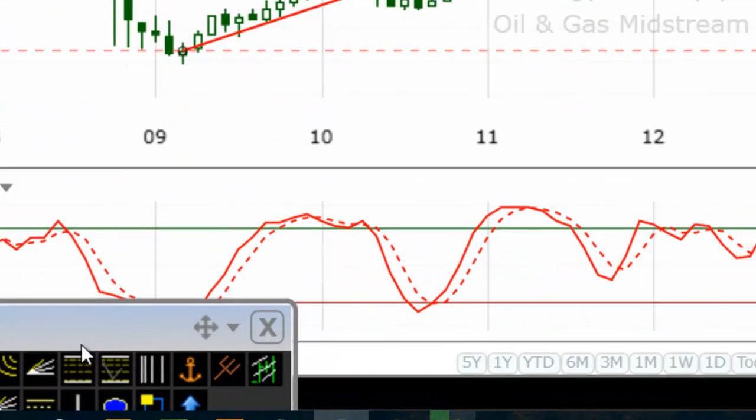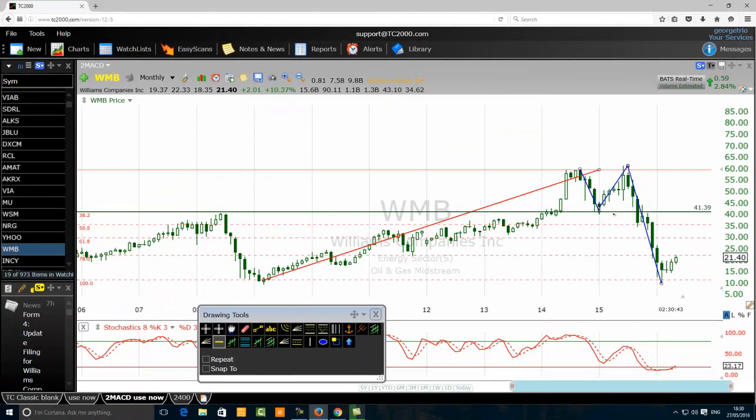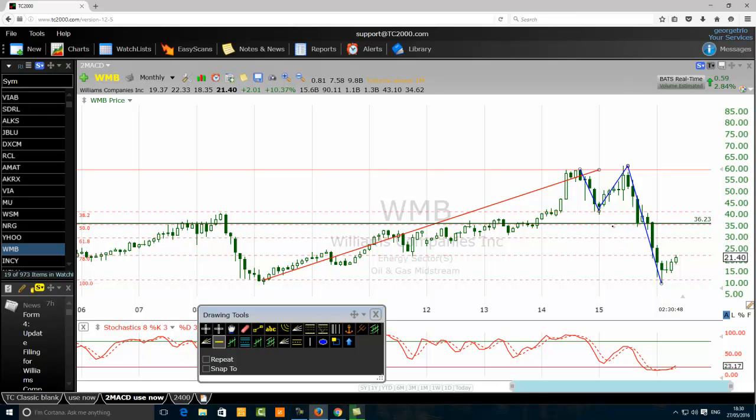The Fibonacci key levels that we want to watch are the 50% Fibonacci retracement level and the 61.8% Fibonacci retracement level.